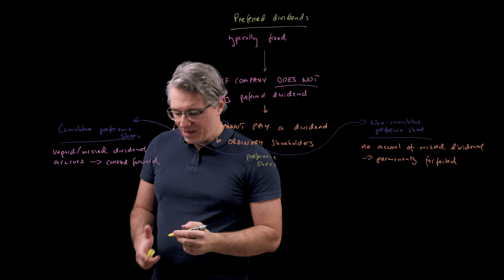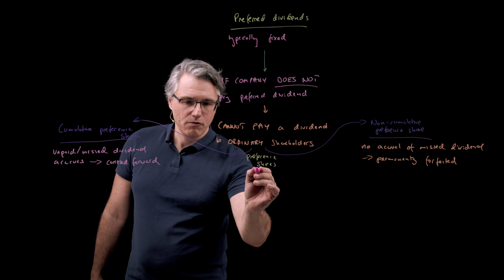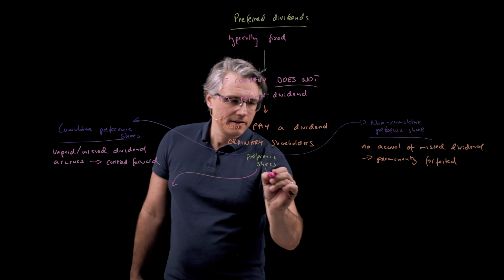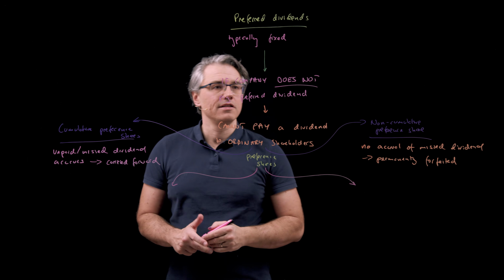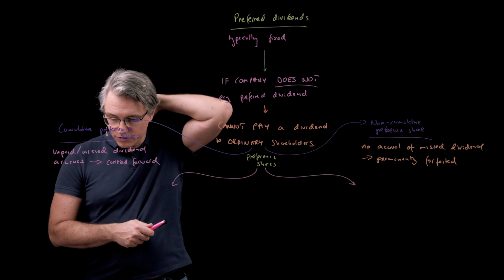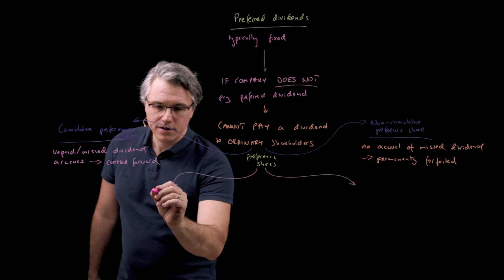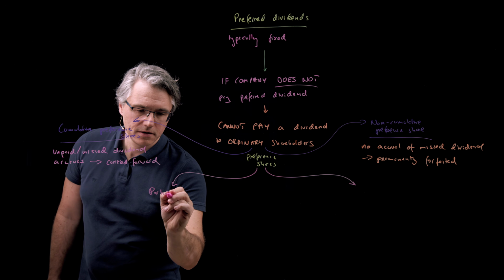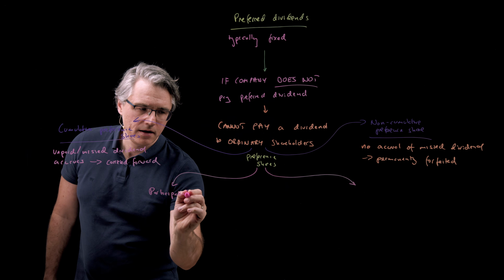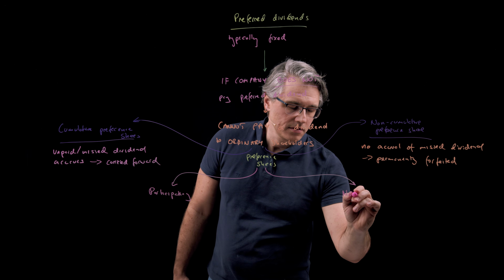However, another split which you need to be aware of, and this is a completely different sort of way of splitting shares, has nothing to do with the accumulation or non-accumulation of preferred dividends, is to split them into participating and non-participating preference shares.